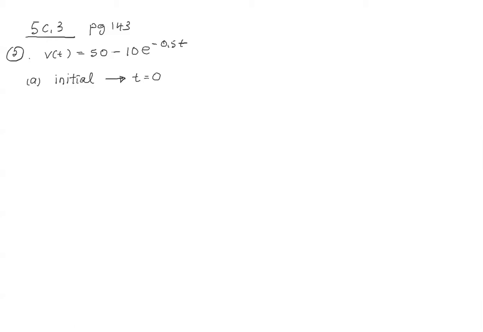So that means now I want to find the velocity at the starting. So I put t equal to 0. So it will be 50 minus 10 e to the power of 0. If you key this into your Y1, it will give you 40.